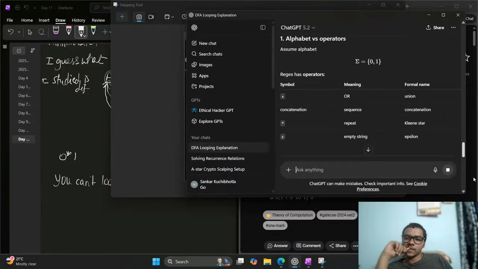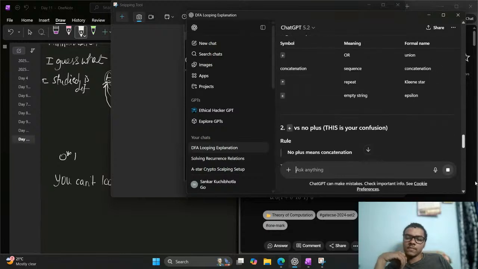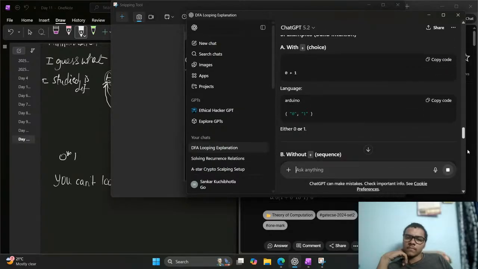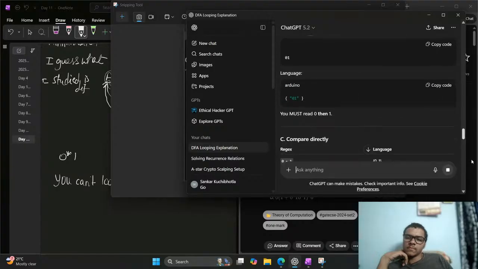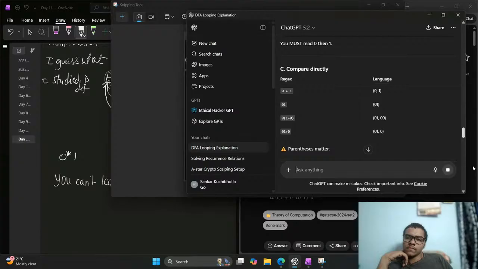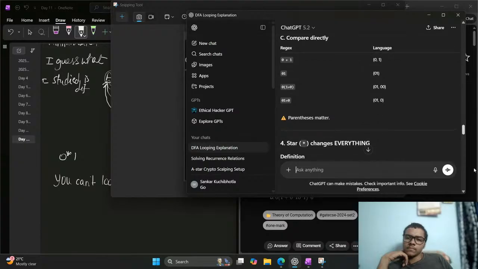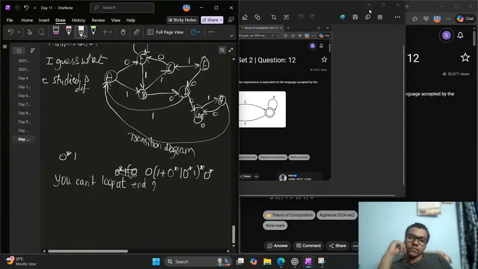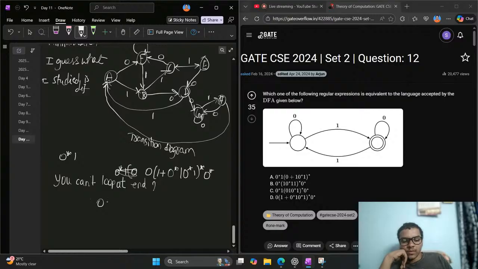Or union, concatenation, repeat. So what it is saying is, according to this language, 0, 1, so 0 and 1, have any zeros, we will stay here.